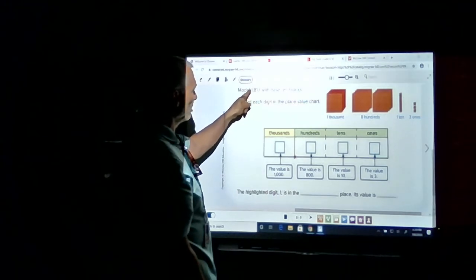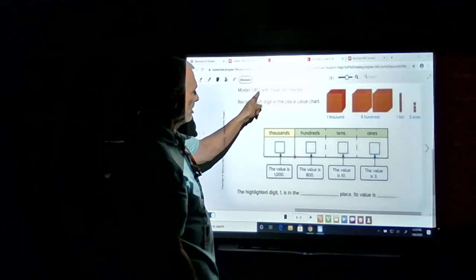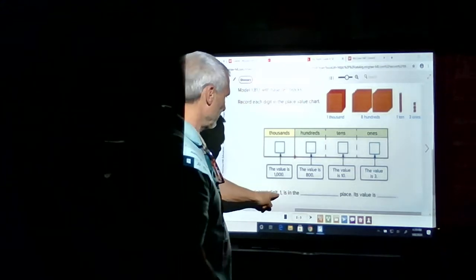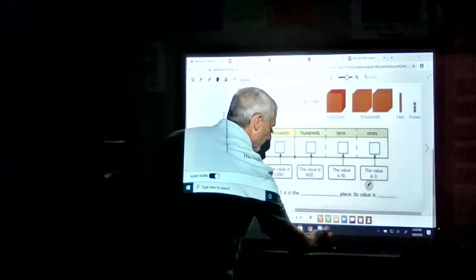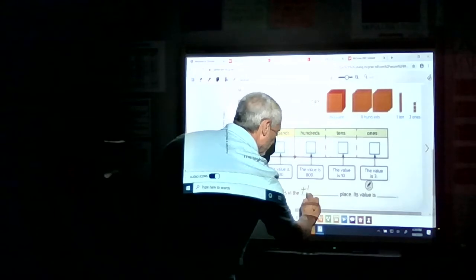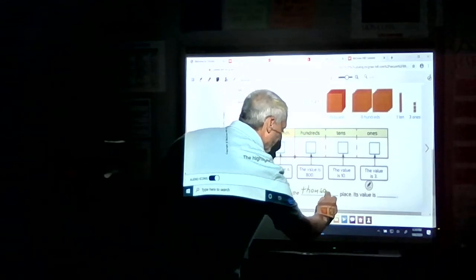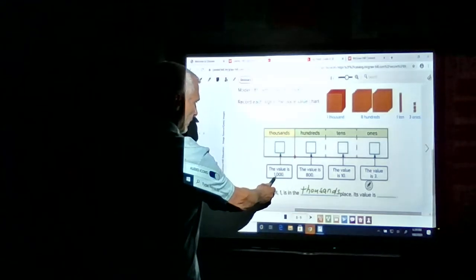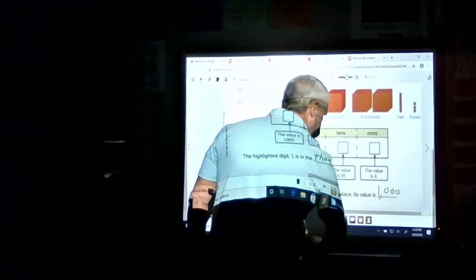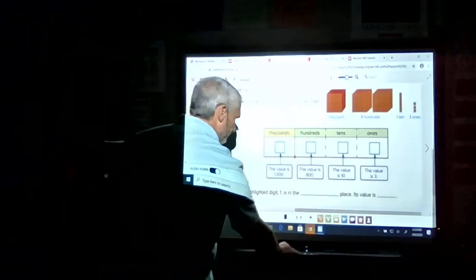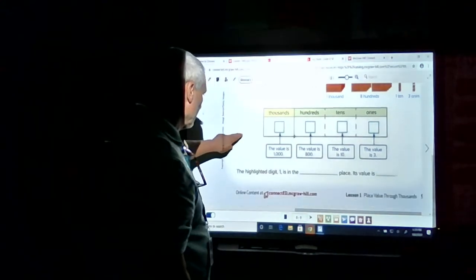Read the 1 first, 1,000, and then the next 3, 813. The highlighted digit 1 is in which place? The thousands. So we'll write thousands, and there's only one of them, so the value of it is 1,000 with 3 zeros after it. 1,000. Now I'll erase that, and we'll go to the next slide.